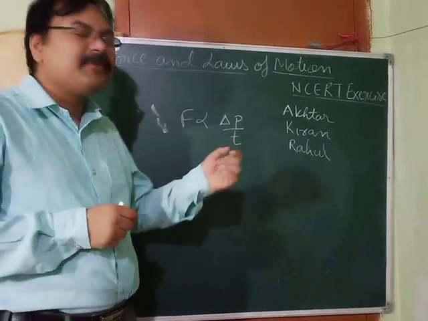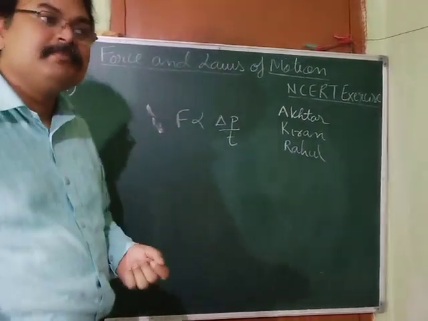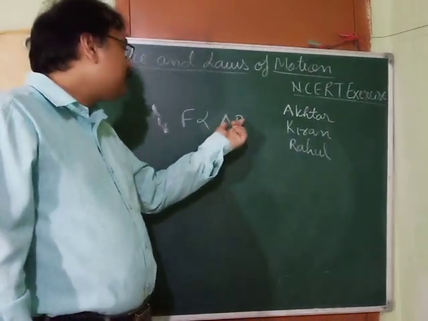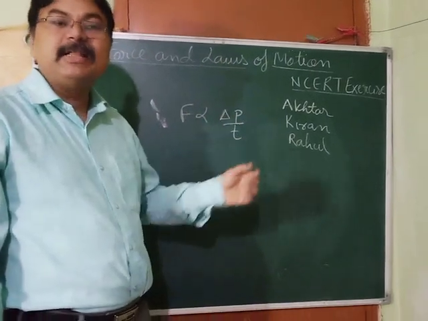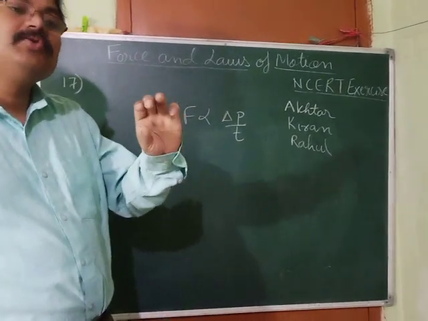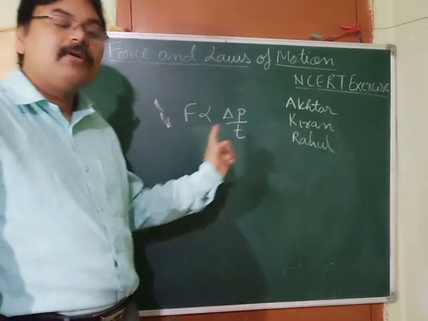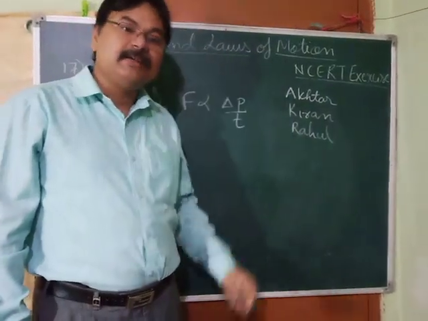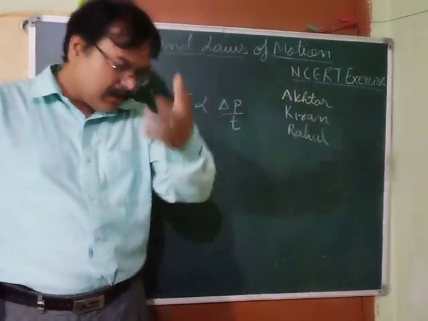That is a very small time, and it will be equal for both of them, so that's not a problem. So F is proportional to delta P. That means force is proportional to change in momentum. But force is equal for each other, and therefore we can say that, just write the answer.